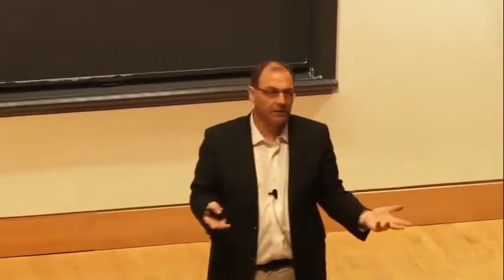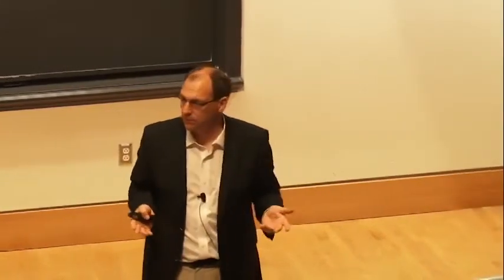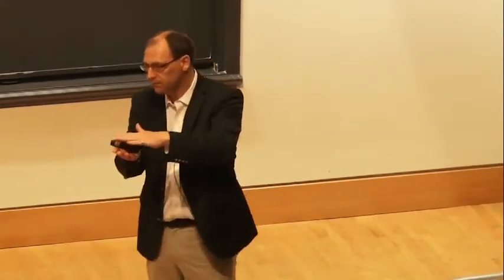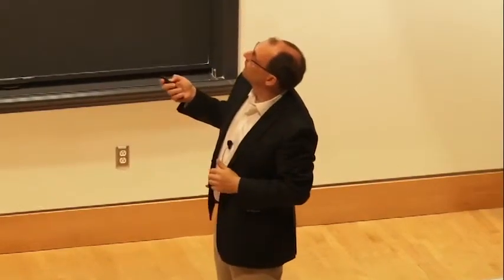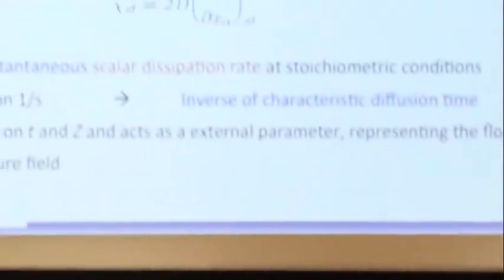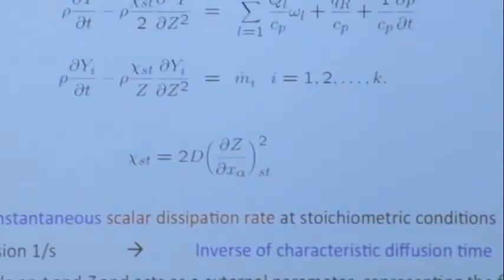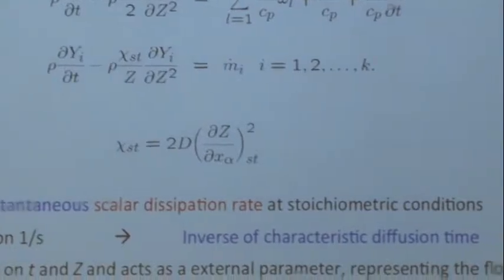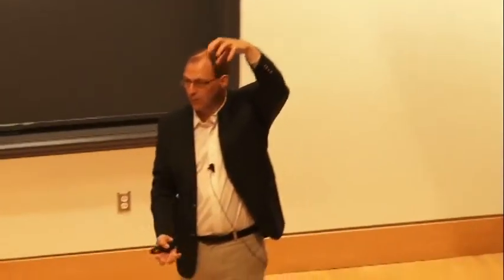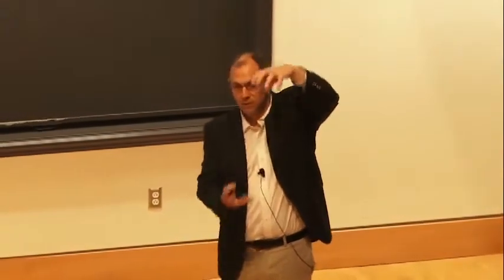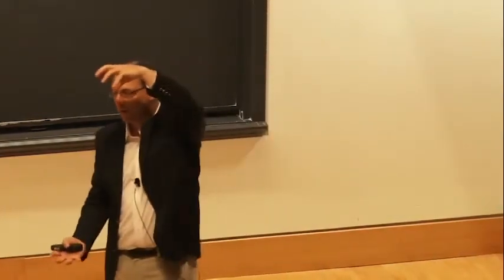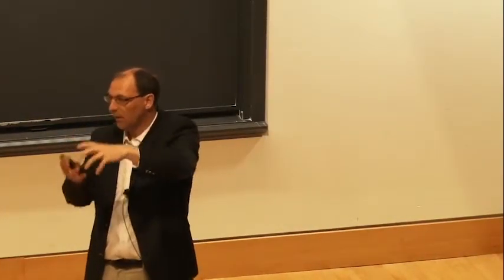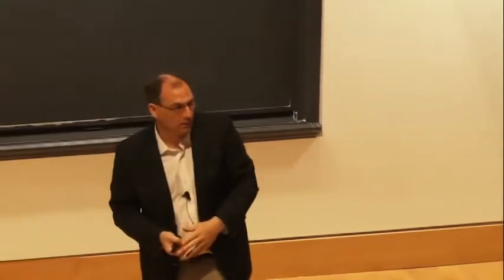The velocity field will then change the scalar field, and in the scalar field you get more or less diffusion. The dissipation rate is a characteristic quantity for the scalar field. So if you increase the nozzle velocity, you increase the strain. Then the strain increases the scalar dissipation rate, and the dissipation rate then has an effect on the chemistry.